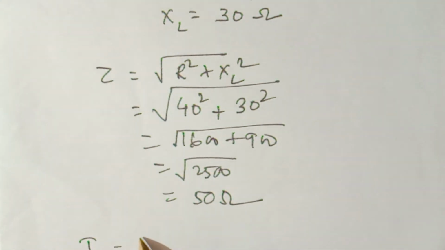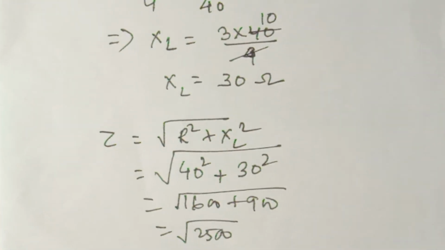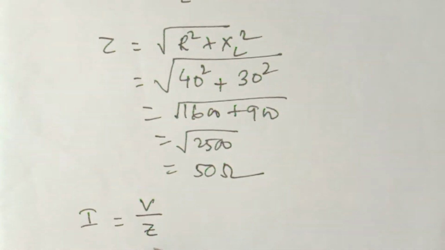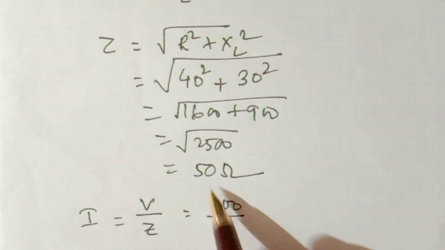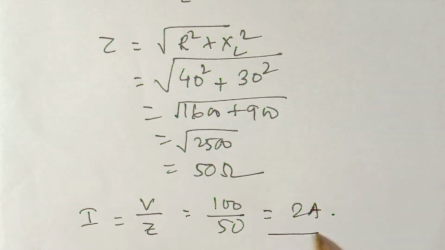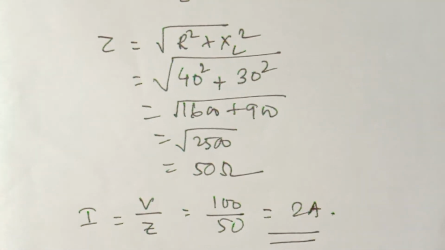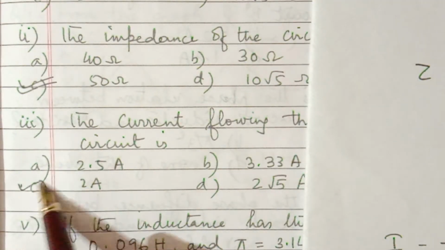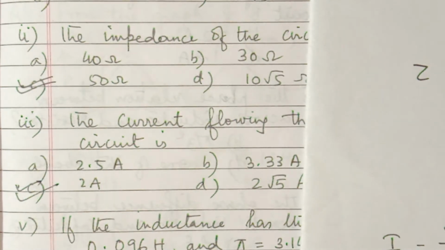I is equal to V by Z. Then V is 100 and Z is 50, so 2 ampere current will come. So you can mark 2 ampere as the correct answer.